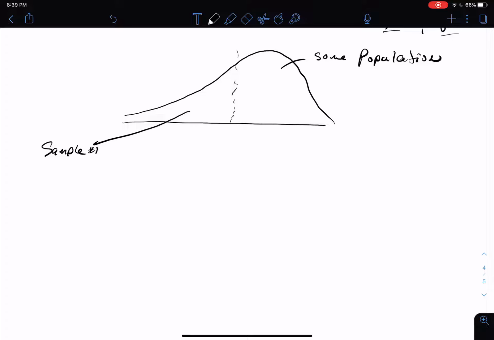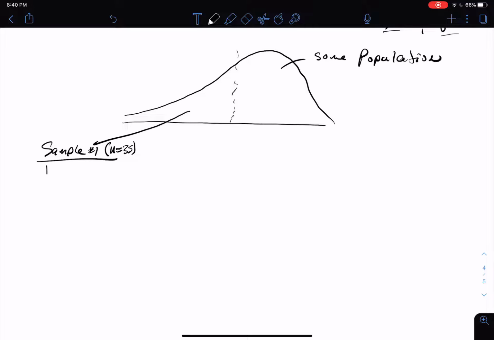I'll just call this sample number 1. And what happens in a sample? Well, if we're trying to figure out something about the average height of men in a population, we might sample, let's say, 35 men. So this sample size n is going to equal 35.